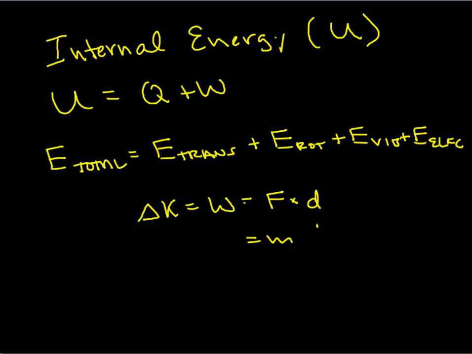And if we went ahead and integrated with respect to velocity from 0 to some final velocity, we saw the relationship as being equal to 1/2 mv squared, or the kinetic energy.